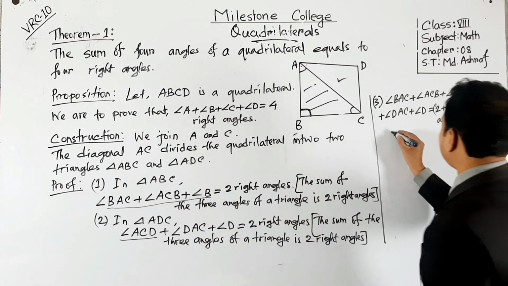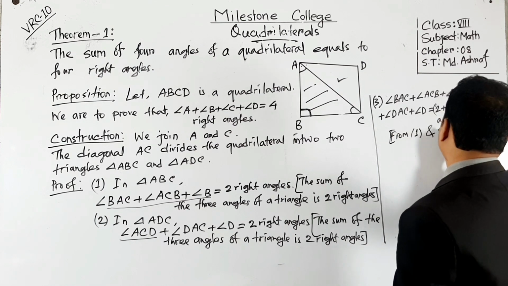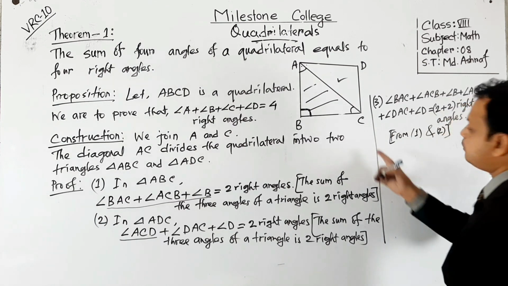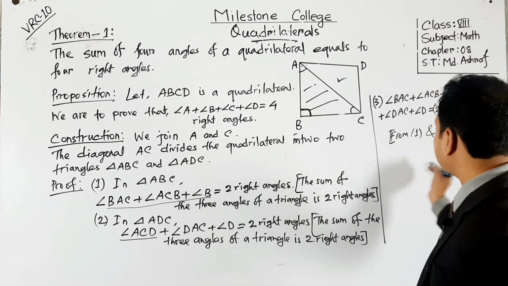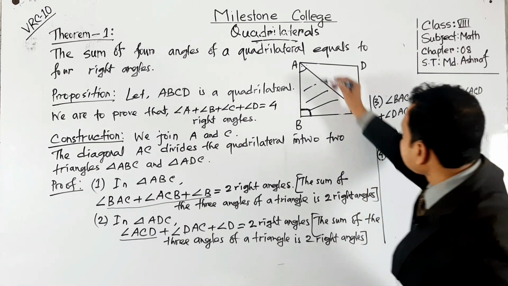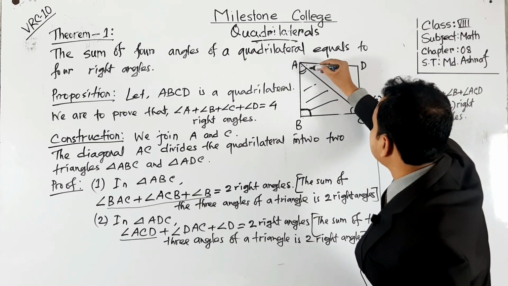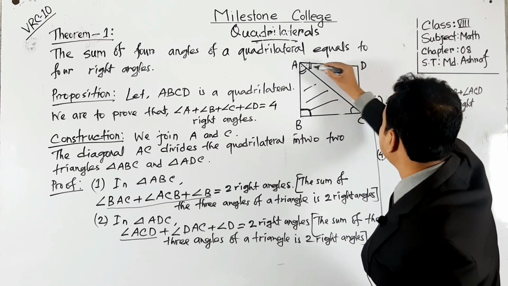So we can give the side note: from 1 and 2, by adding, we have got this part. Now we will write point number 4. Look here, the name of this angle is BAC, plus this part will be DAC.